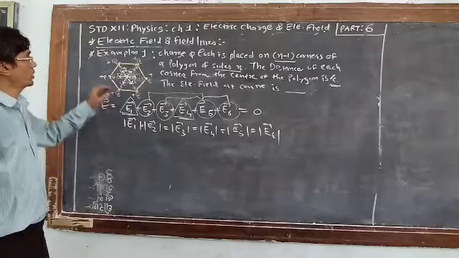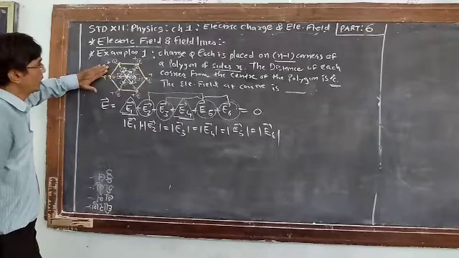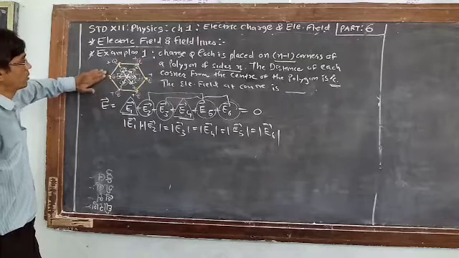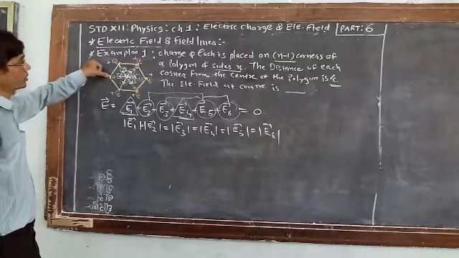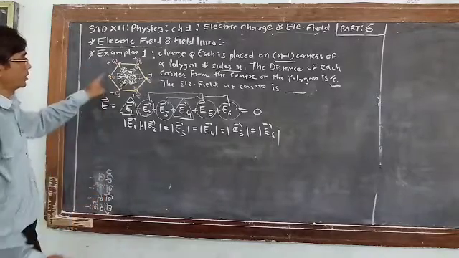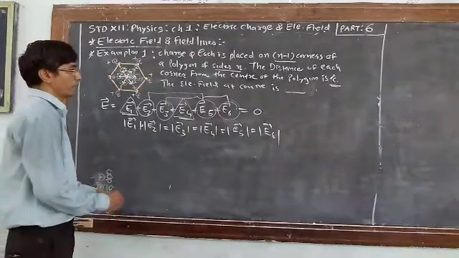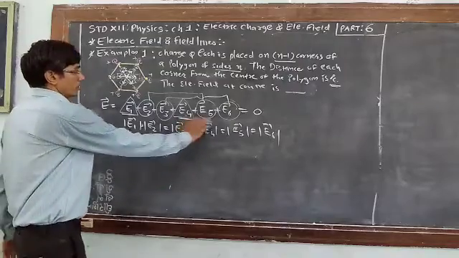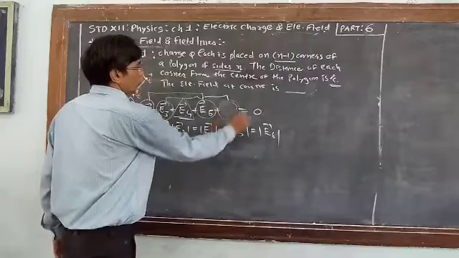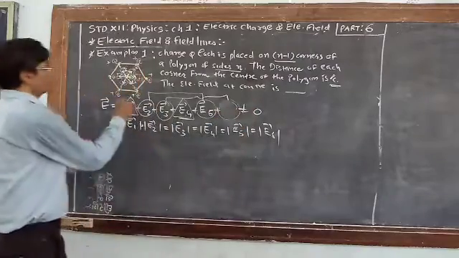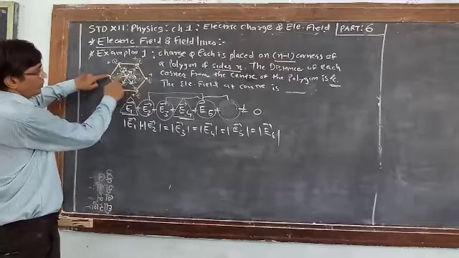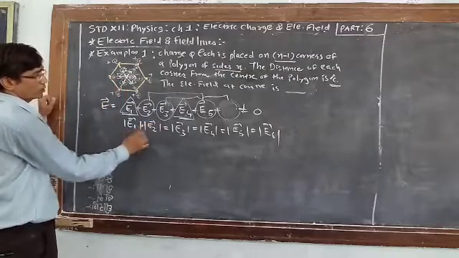Now in the question, one corner is left without the charge. So suppose E6 is not there. The charge at the sixth corner is not there, no charge at corner 6. Then E6 is not there, so the resultant of E3 plus E6 is not 0.